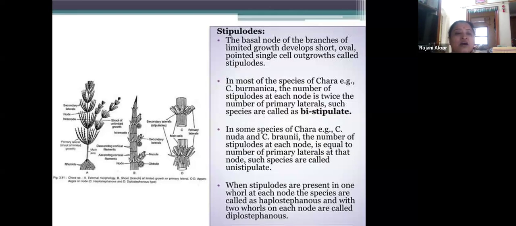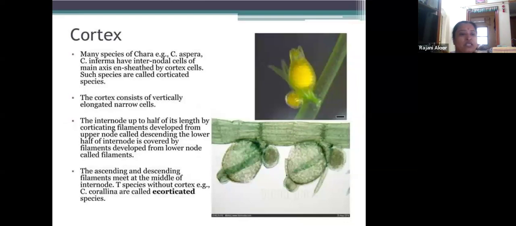Such species are called haplostipulate. When the stipulodes are present in one row at each node, the species are called haplostichous. With two rows at each node, they are called diplostichous. This is the stipulodes.